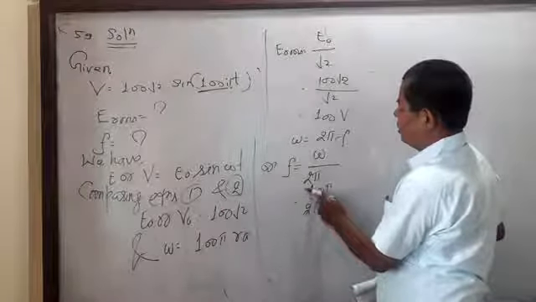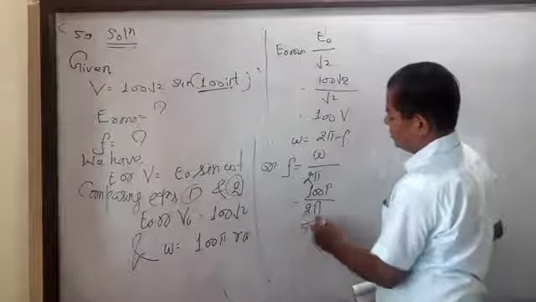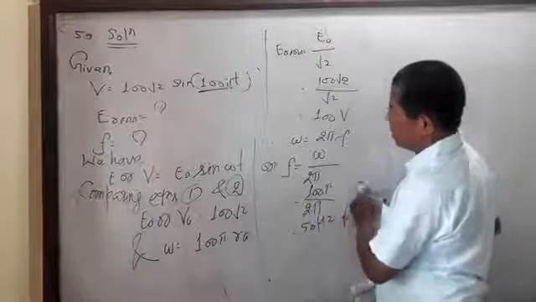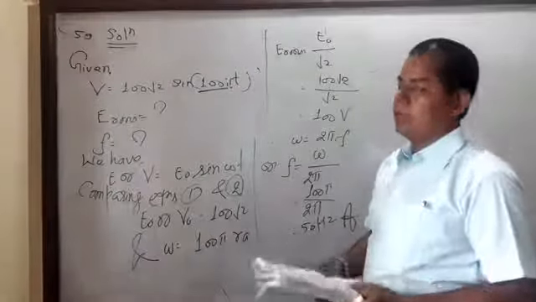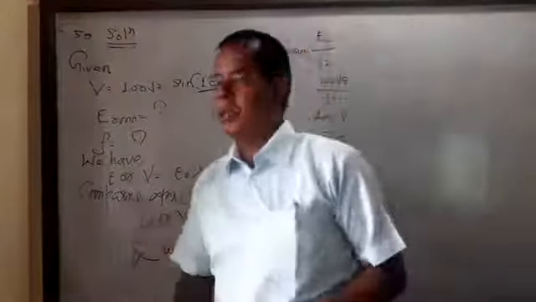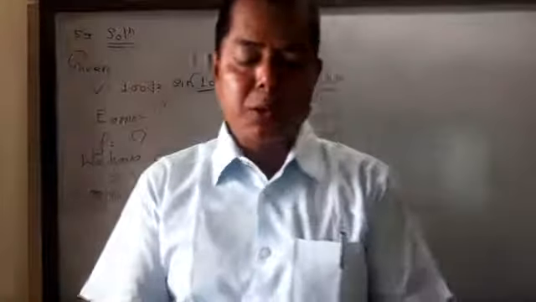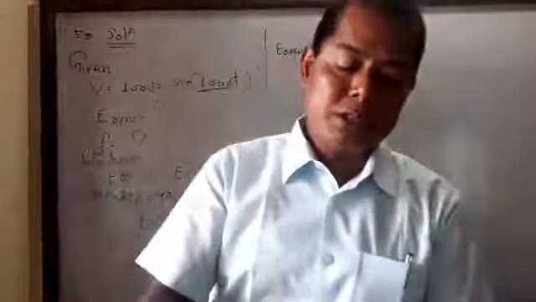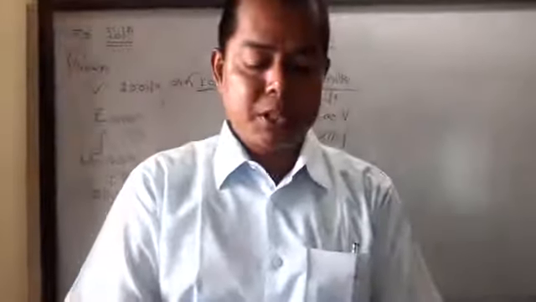Pi cancels, 2 cancels, so it is equal to 50 hertz. This is the answer of this question. Question number 59, this is the solution. Now another question for you, question number 60.